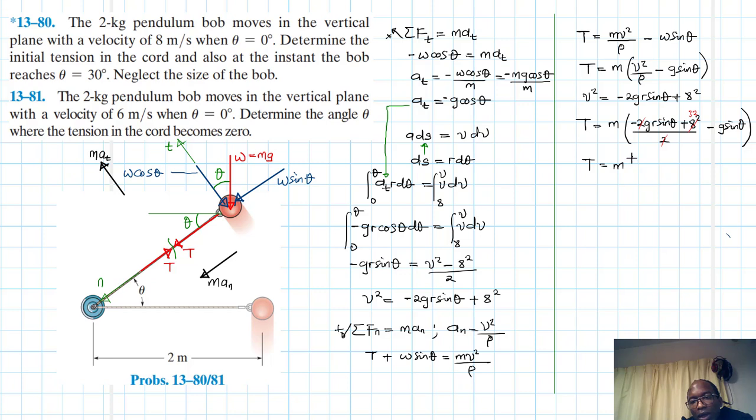So this just becomes minus, our r is just equal to 2, so this is 2g sine theta minus g sine theta plus 32, like so.